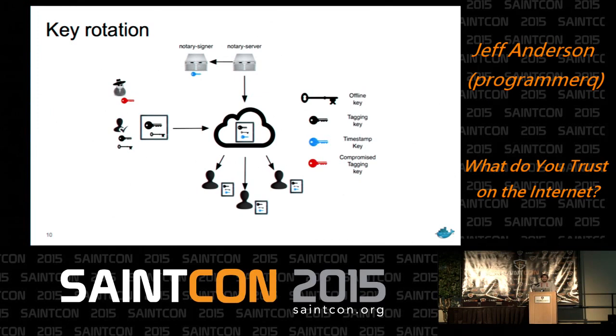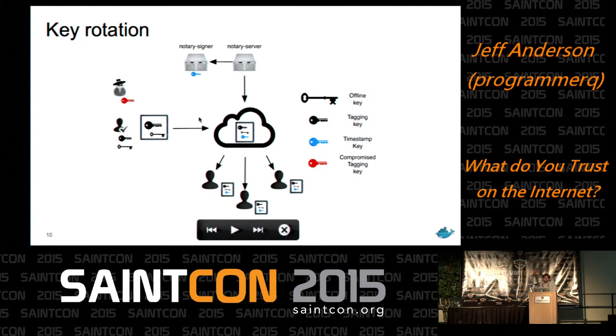So say I have a tagging key that was compromised. TUF took into account the fact that someone's laptop is going to get left in a taxi or stolen or whatever. With GPG, it can be tricky to reject a key, to invalidate a key that you don't have anymore.